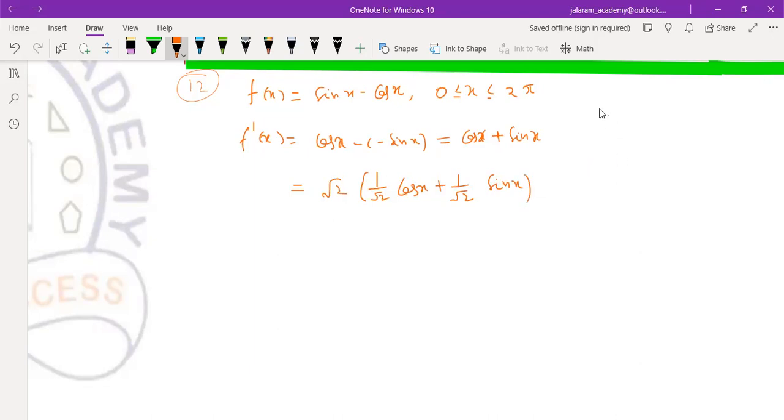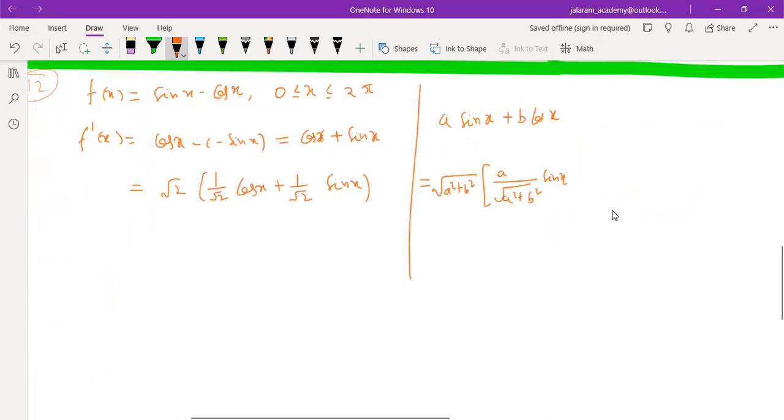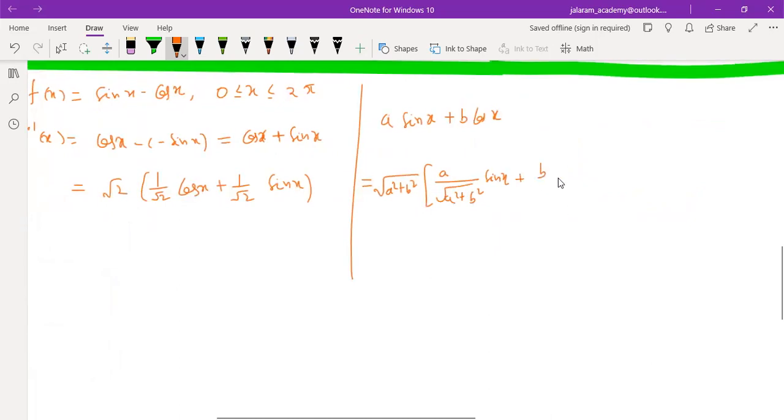To make it a single function. We have already discussed, whenever a function is in the form of a sin x plus b cos x, we multiply by √(a square plus b square) and we divide by √(a square plus b square). You have to learn this. We have discussed this earlier in trigonometry.